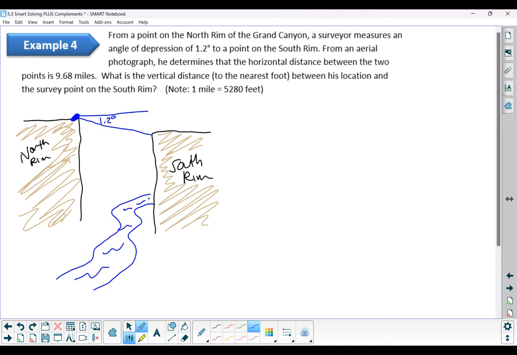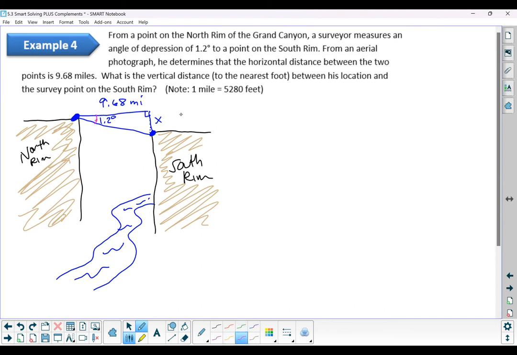And from an aerial photograph, he determined that the horizontal distance is 9.68 miles between where he is at and the point on the south rim that he is surveying to. So our goal is to figure out the vertical distance between his location and the survey point. So how much higher is he than that point on the south rim, knowing that it's a 1.2 degree angle of depression? You can see our right triangle is set up there.